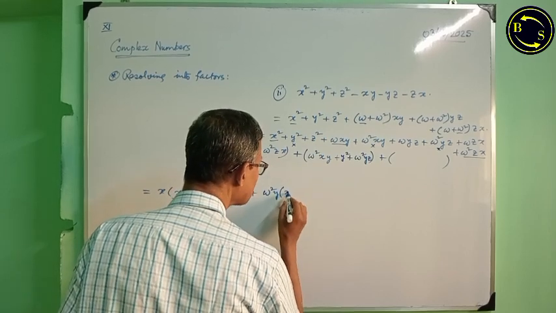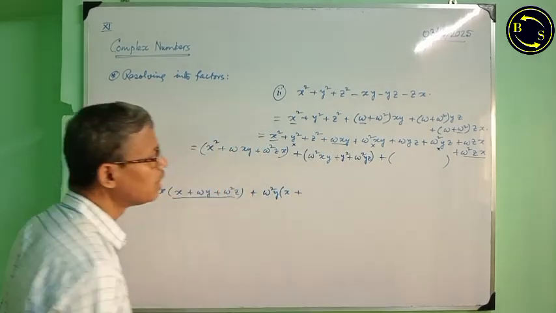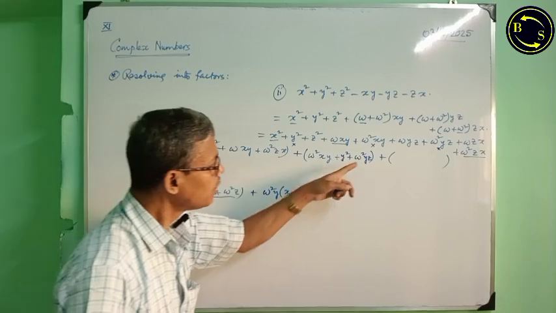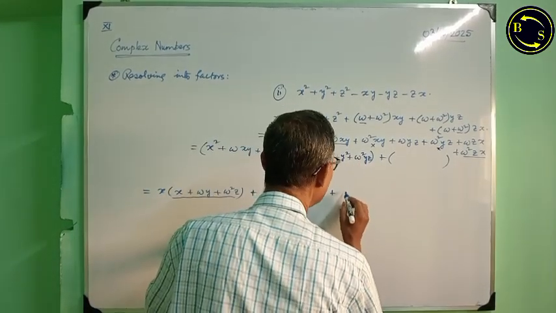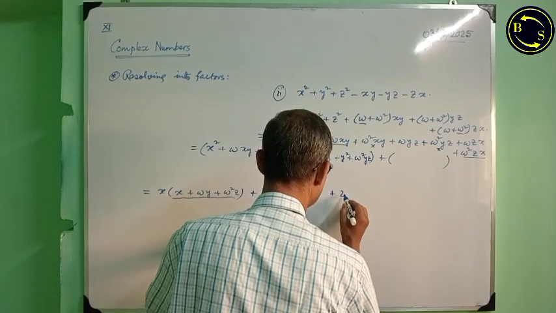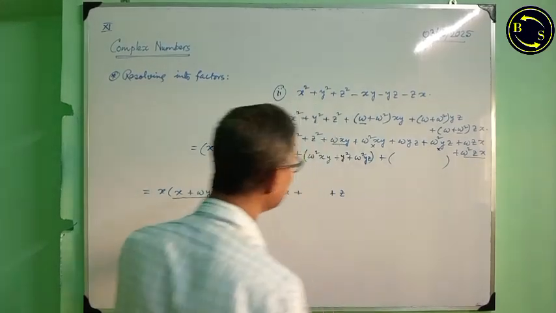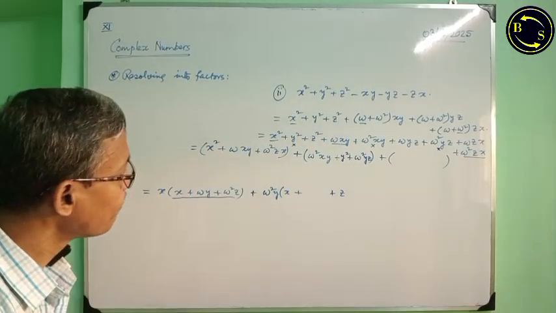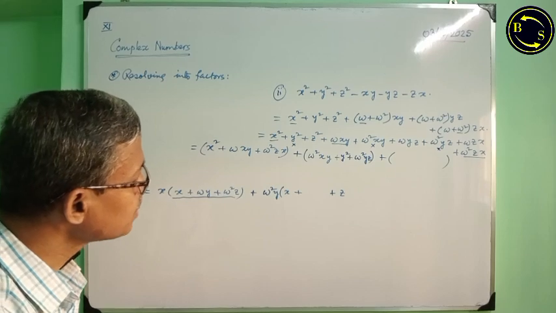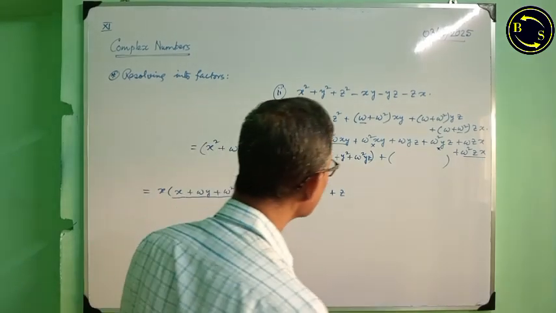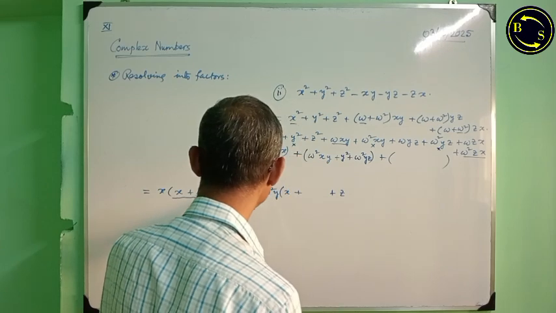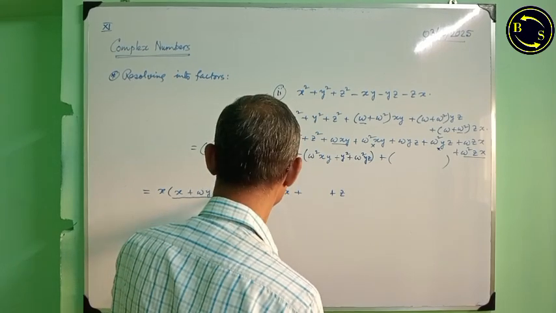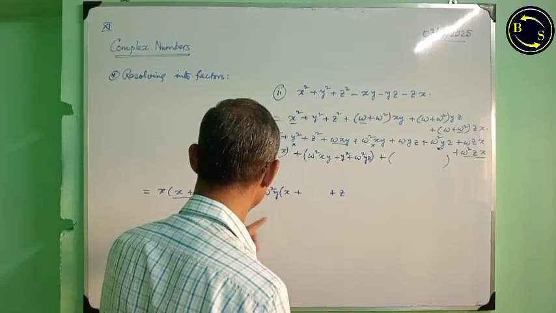Then it will be x plus the last term will be z. That should be omega square z.